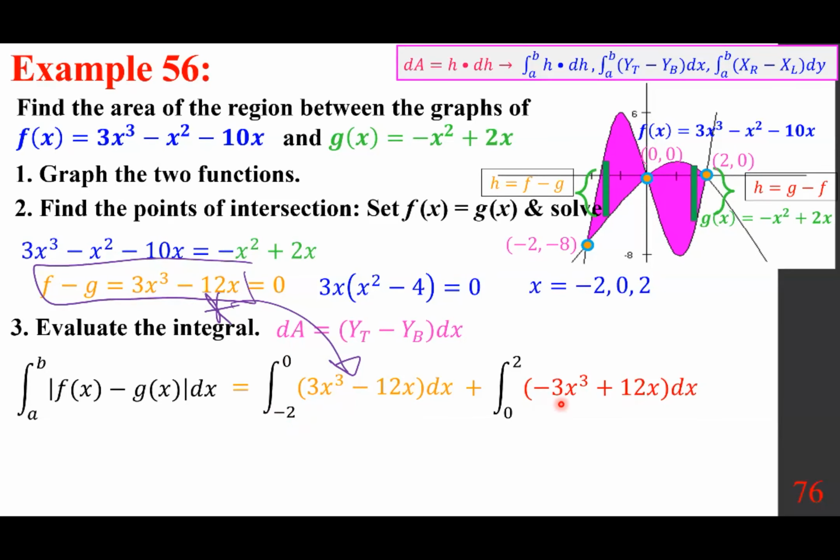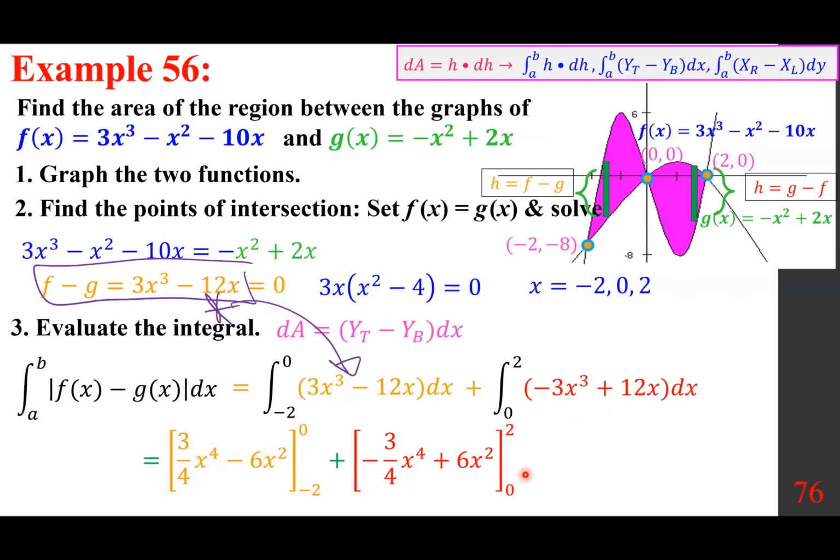This one is minus 3/4 x to the power of 4 plus 6x squared from 0 to 2. Just plug in 0, plug in -2, the same thing here. At this point it is elementary algebra. You can plug in and evaluate each case. We end up with 24.